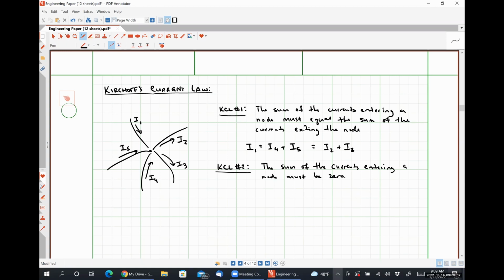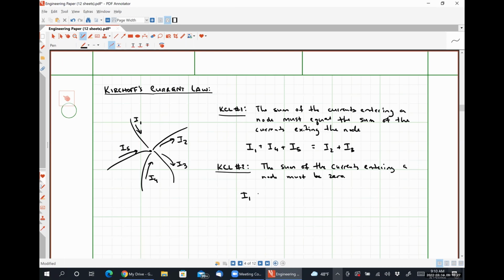So I want to be very clear about this. This does not mean I1 plus I4 plus I5 is equal to 0. What it means is that we need to look at all of the currents as if they are entering the node. Okay, and so let me explain exactly what I mean by that. So I1 is entering the node in the center. I think we're all in agreement with that.